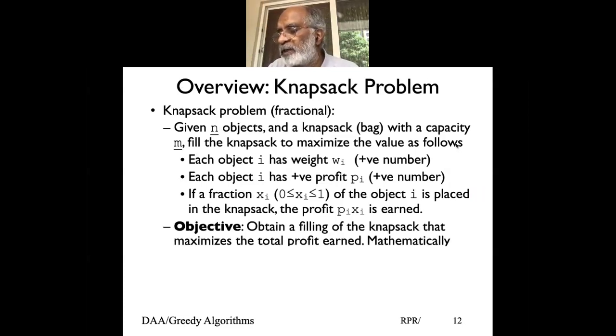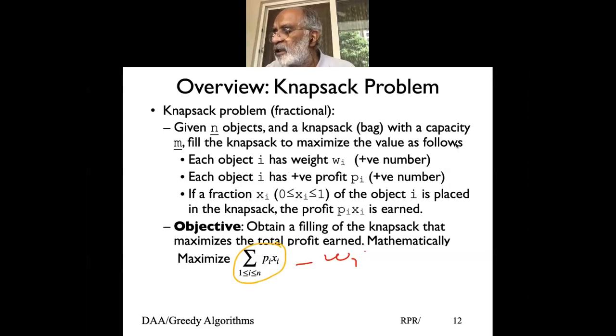So our problem basically becomes: maximize my profit, sum of pi xi. Xi is the fraction of the amount for the object i we are buying, with the ith object weight wi. So we want to maximize our profit, sum of pi xi, subject to my weight, sum of wi xi, being less than or equal to m.